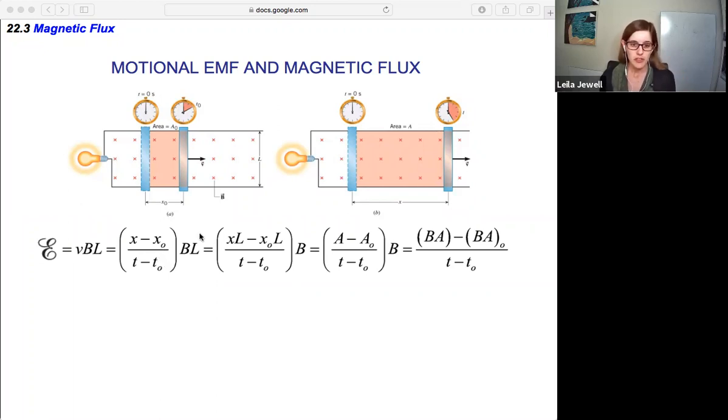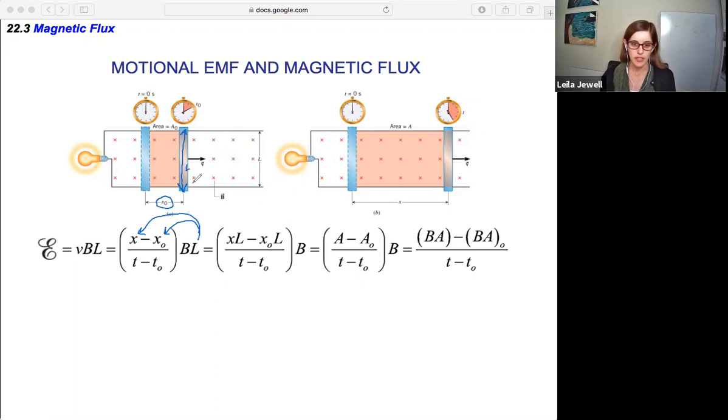The next thing we can do is take this length and distribute it to be multiplied next to each of those x's. So then we'd have x times L minus x0 times L. And the thing that we might start to notice is if you have the initial x times the length, that's just going to be whatever area this is.